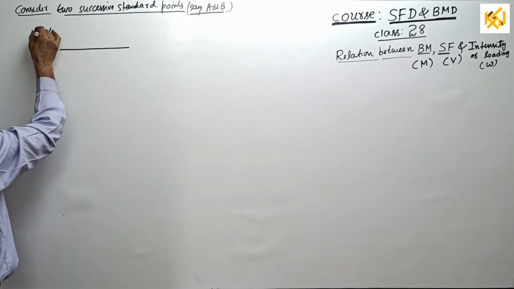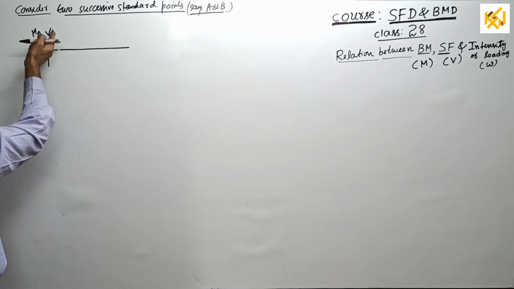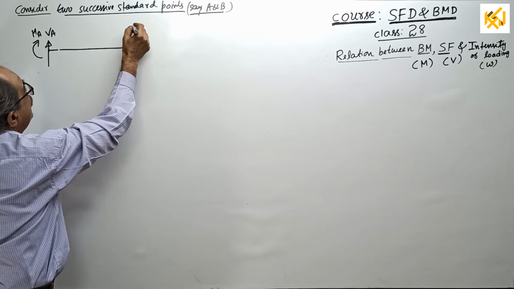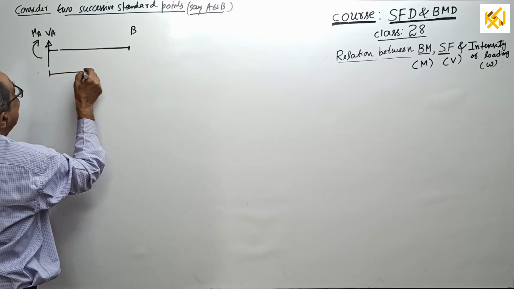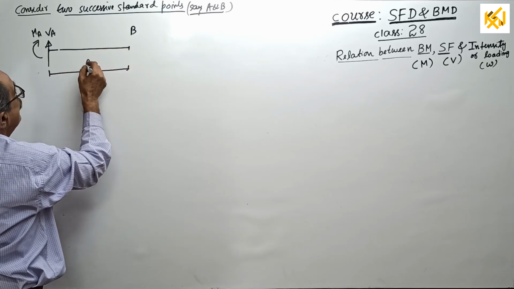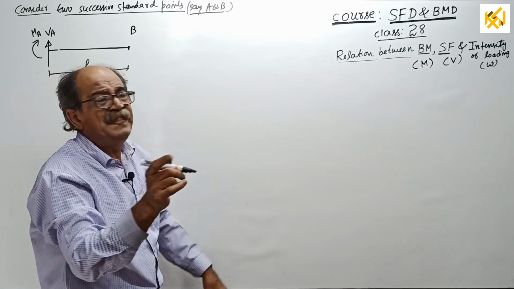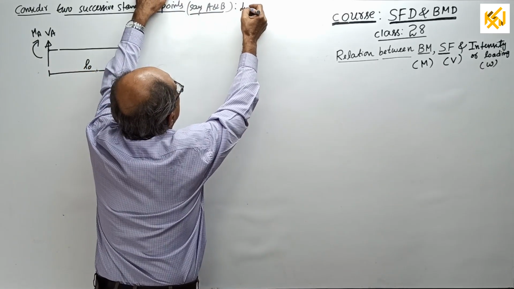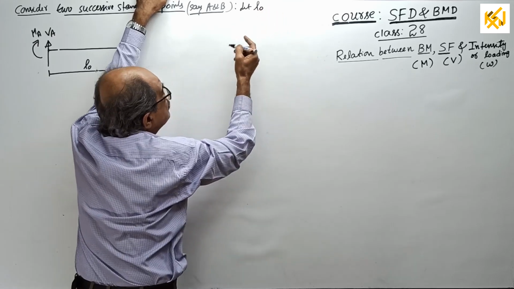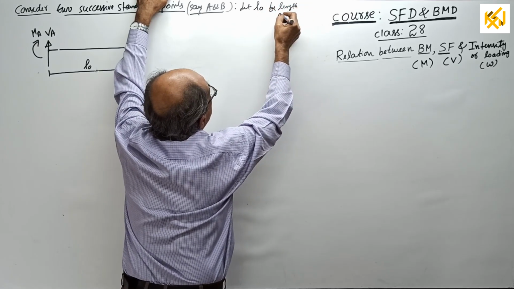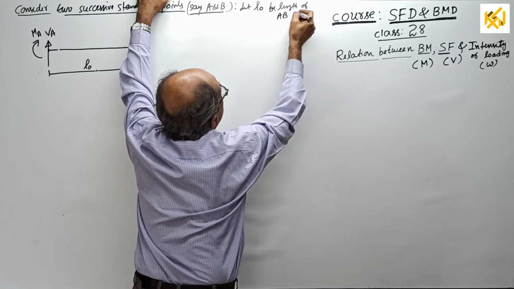I can take VA down also, MA anti-clockwise also. That is not important. And this is the point B. This length I told is L0. In the summary, next time this L0 will not be there. Let L0, which is a constant, be the length of AB, A to B.